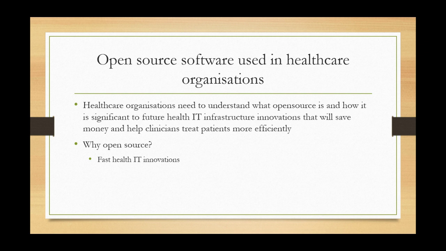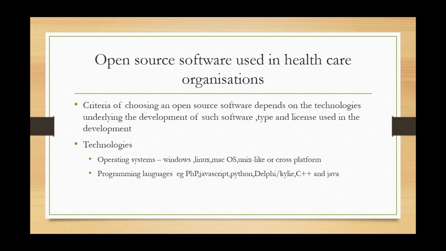So providers need to adopt open source software in a way that allows the organization to build on it and take advantage of future technology, as well as maintain the legacy solutions that do not need to be urgently replaced. So open source software is the best software used in healthcare organizations.